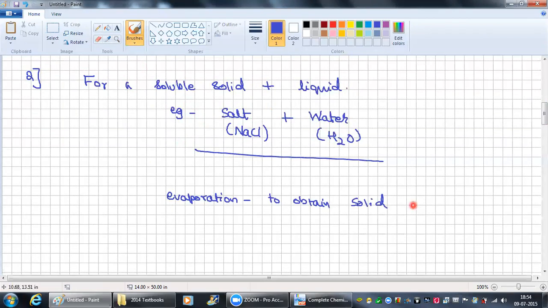Then even if you want this solid in the pure form, more pure variety, there is another method, that is crystallization. And if you want the liquid part, that is if water is required from here, then you can use the method of distillation.